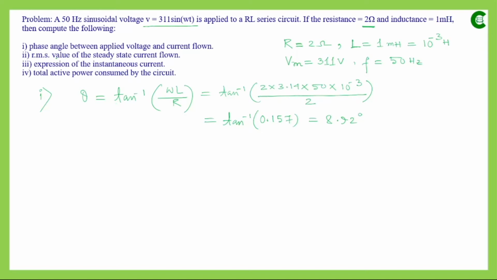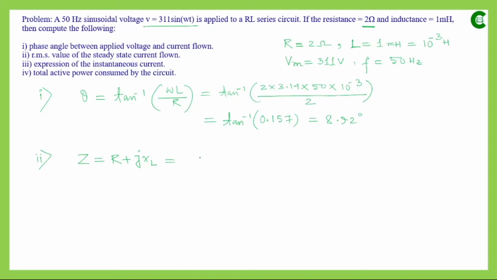The second requirement is to find the RMS value of the steady state current. We want to find the current, and in the expression the voltage value is given. So using the voltage value, to get the value of the current, first we have to find the impedance value of that RL series circuit. In the next step, we will find the impedance value, which is expressed as R plus jXL.